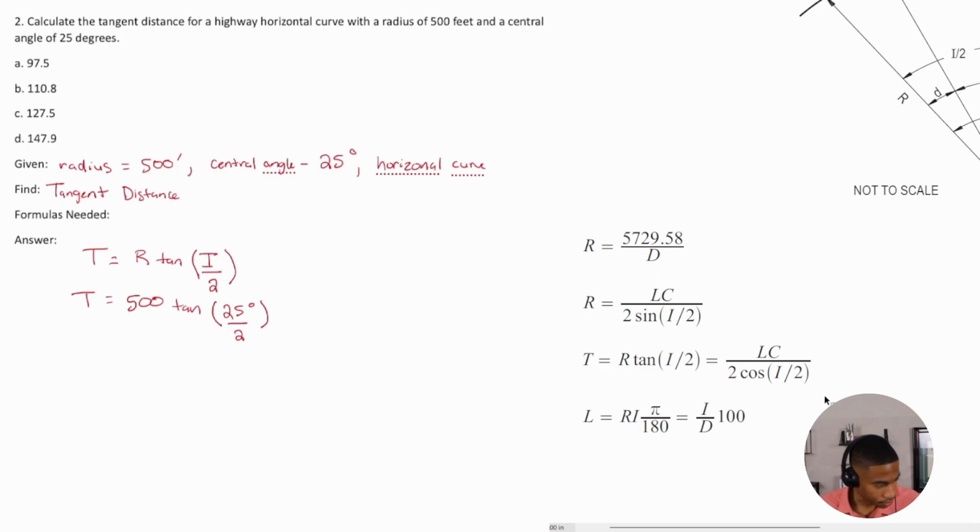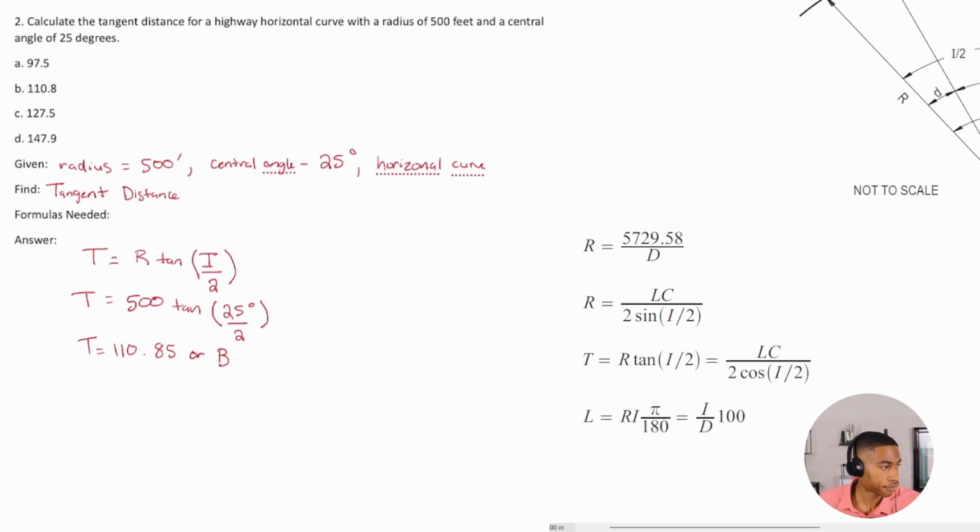And we want to plug that into our calculator. Once you plug it in, you should get 110.85 or B.